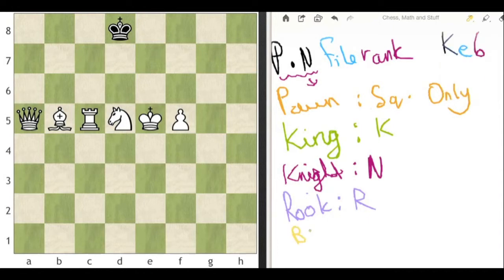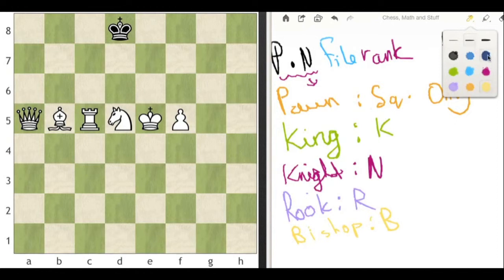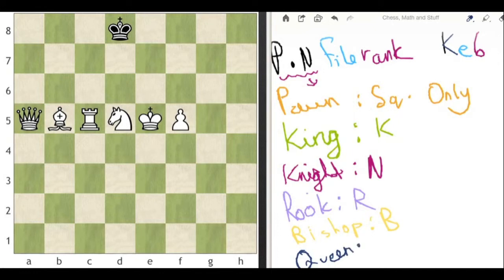Bishop is, forgive me for my bad handwriting, simply B. And last but not least, queen is simply Q.